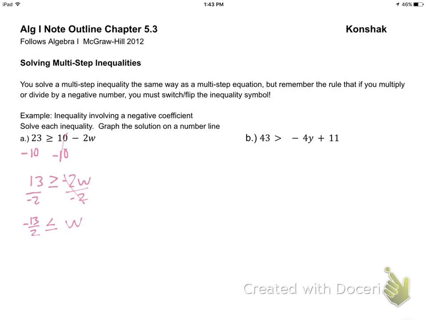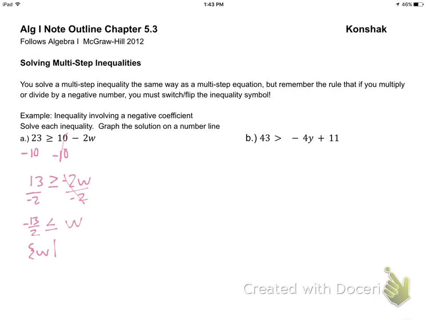Now, my requirements were solve, set notation, and graph. Set notation, squiggly brackets. What variable are we using? w. What comes next? Such that. And then what's the difference between the answer we have and set notation now?